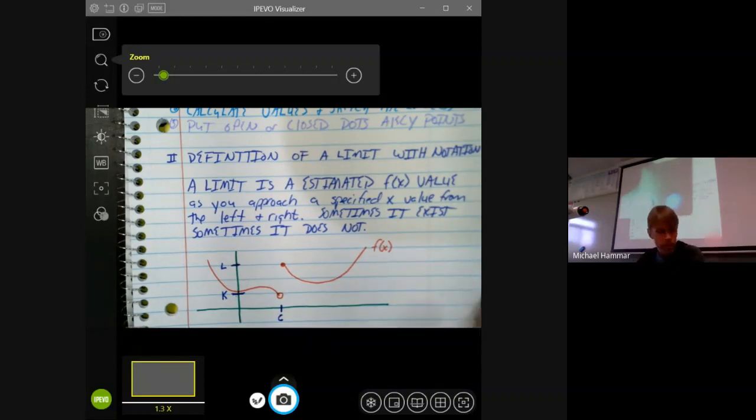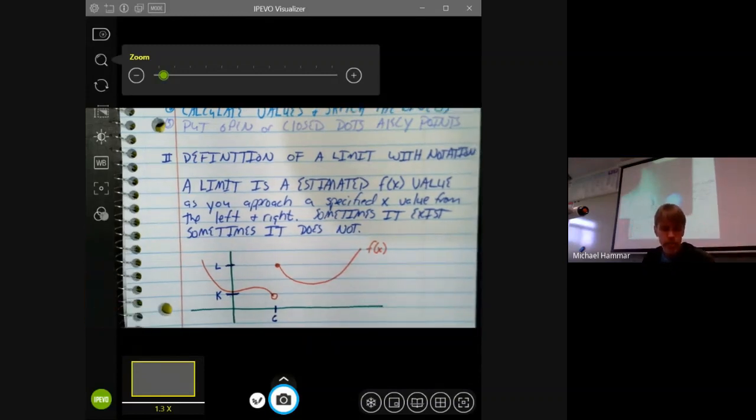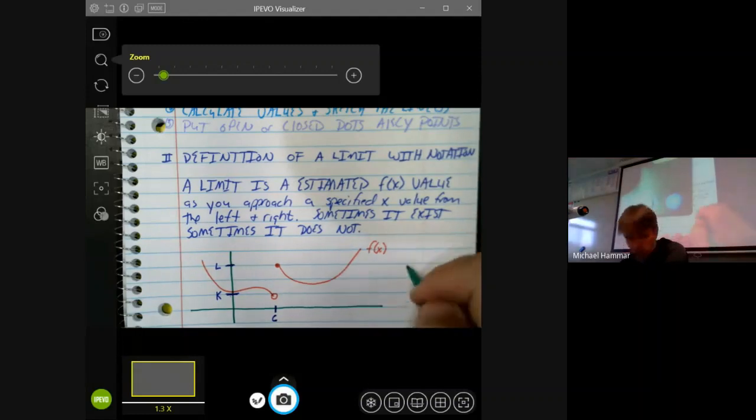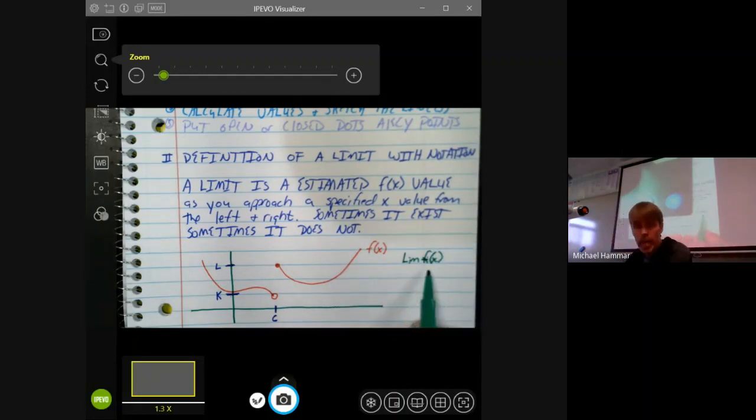Now, what I want to do is define the notation of a limit for you. So the first thing we're going to look at is we are going to take the limit of f of x. So this is of the function. So the limit of f of x as x approaches c.